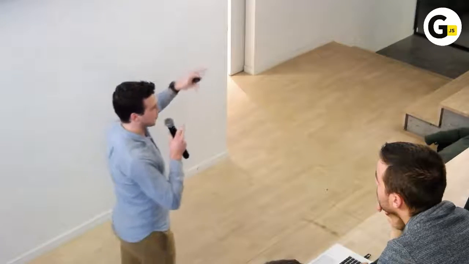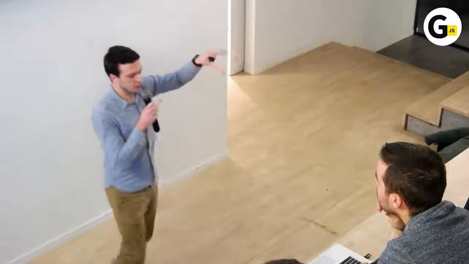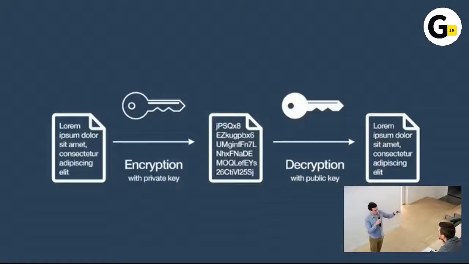If you encrypt it with a private key and try to decrypt it with a public key that is not the opposite key of that original private key, then you will just get back gibberish. It doesn't work. You need to have both keys to be able to decrypt and encrypt it.